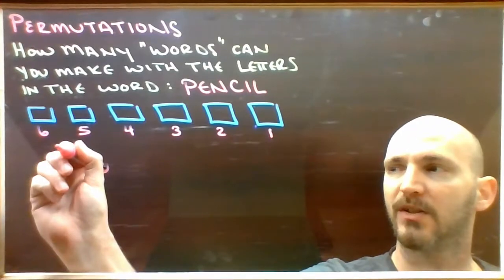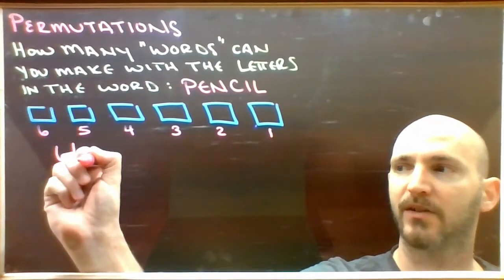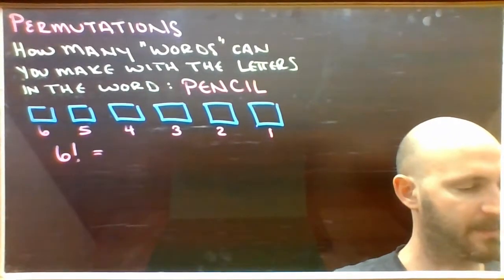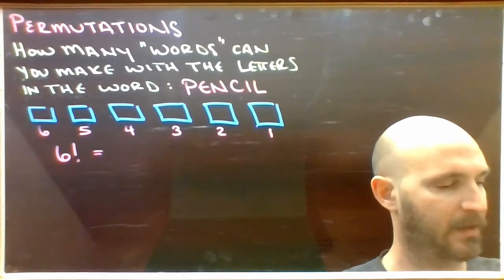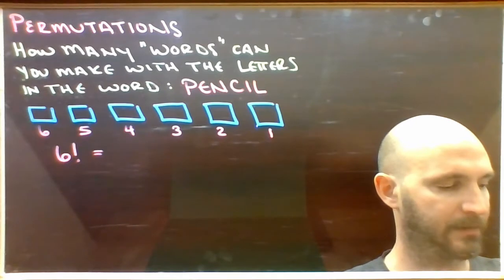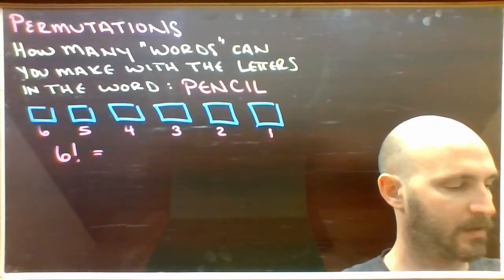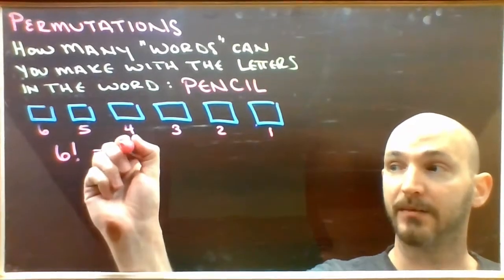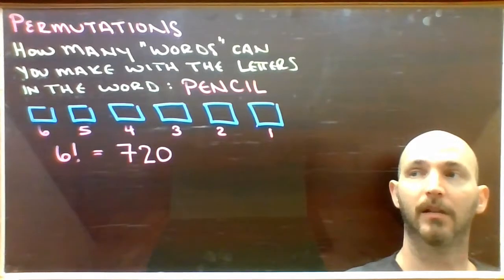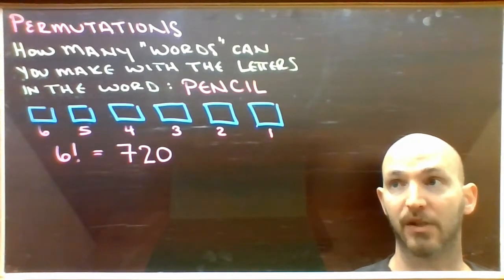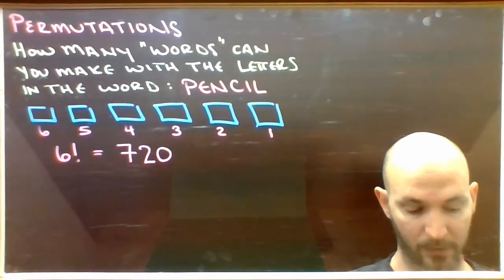So if I were to do that, 6 factorial, if I type that into my calculator, 6 exclamation point is 720. So there are 720 ways you could arrange the letters in the word pencil.